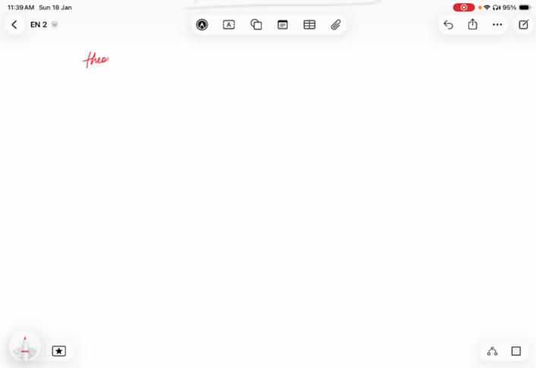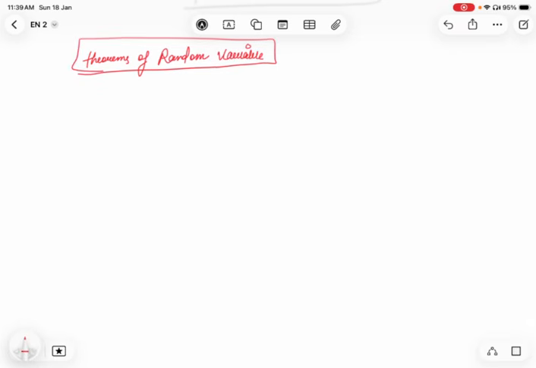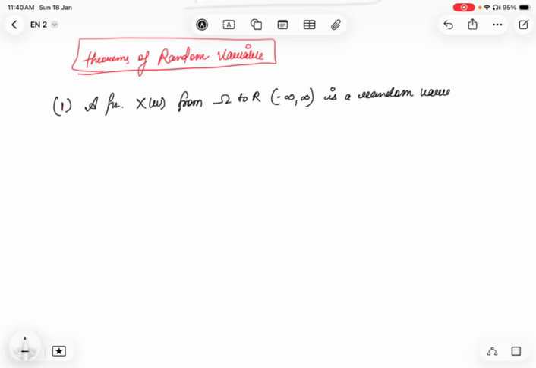First, a function X(omega) from the sample space to R, minus infinity to infinity, is a random variable if and only if {omega : X(omega) belongs to A} is in B, where B is the alpha field of subsets of the sample space.